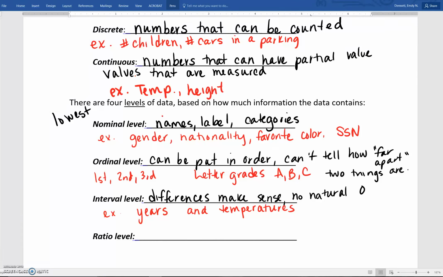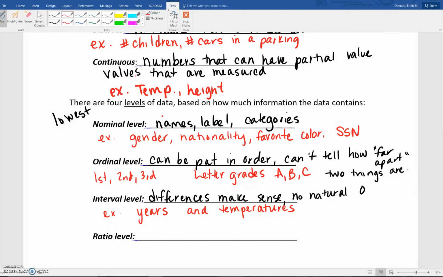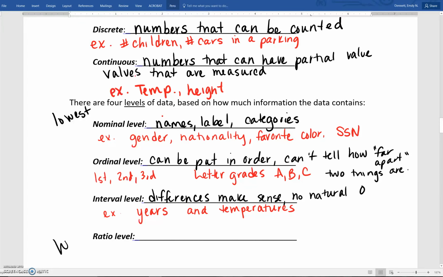Now ratio, this is the highest level. These are going to be almost all measurements that you see. Here you have everything above: you can rank things, you can tell the differences between things, and there's a natural zero.